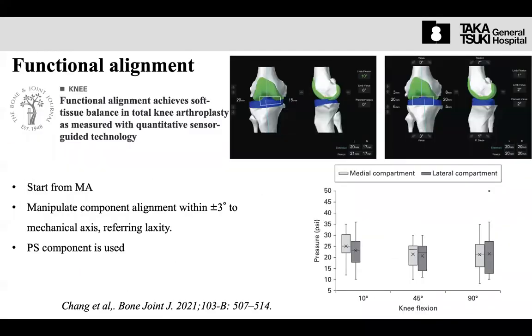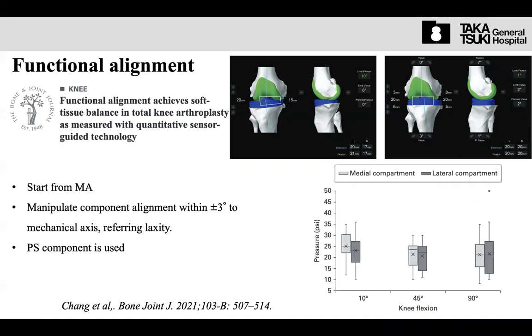So if I change the cutting plane on the planning screen, then this value can change automatically. And then adjust the cutting angle, cutting plane, so as to make this balanced.